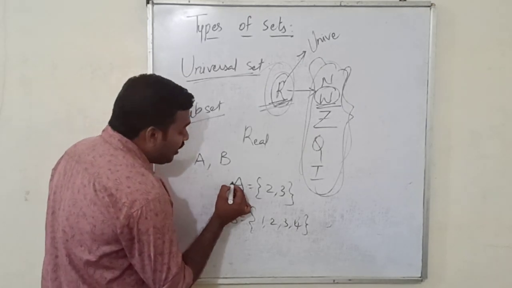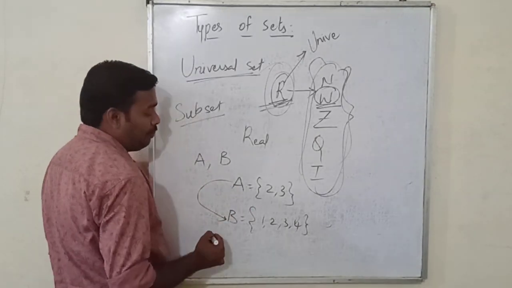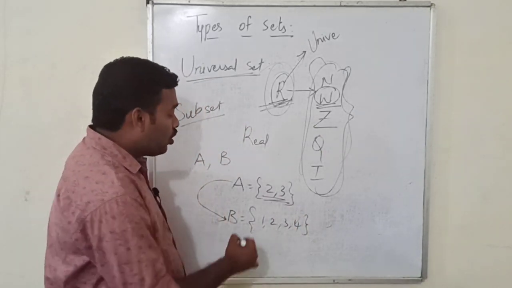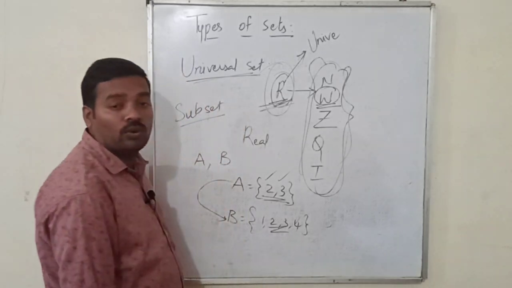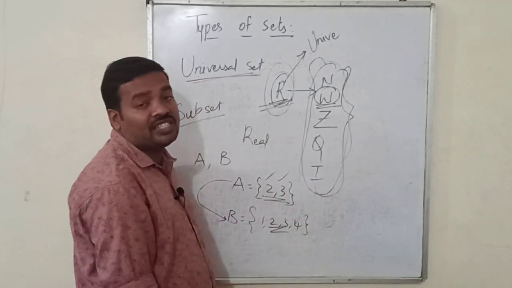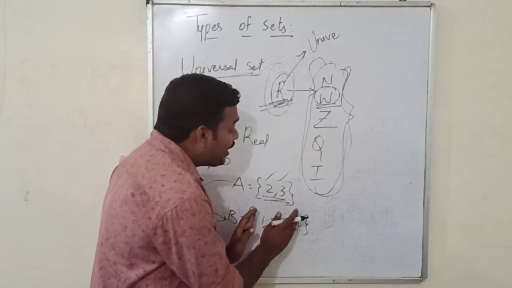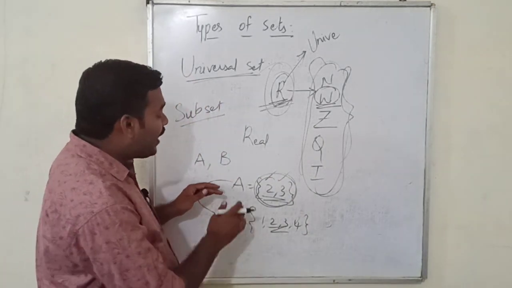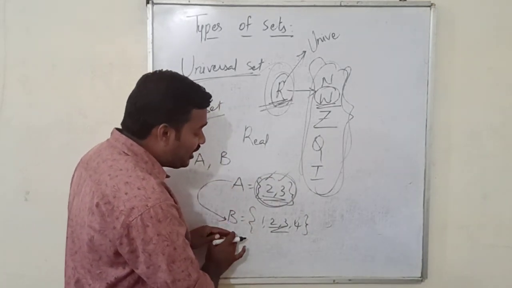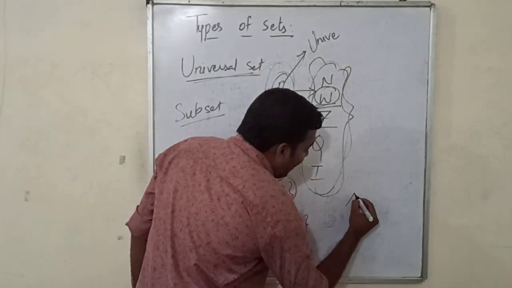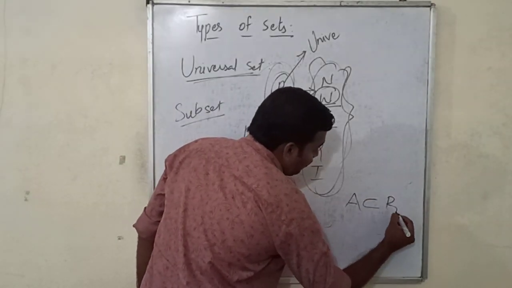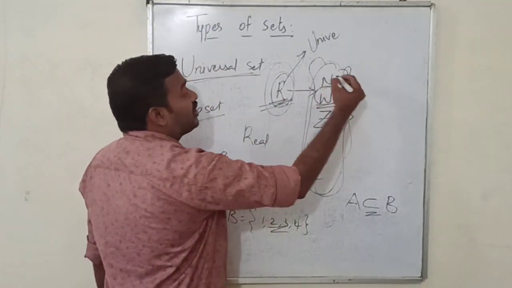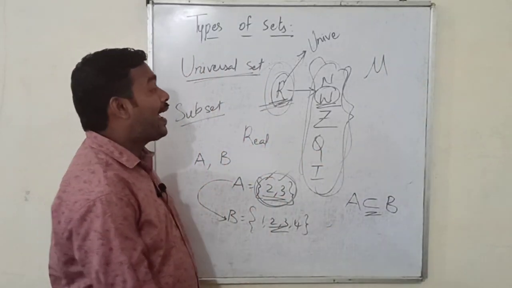If all the elements of A are present in B, because here 2 and 3 are present in B also, and apart from 2 and 3 there are other elements in B, but we are considering only the elements of A, then we can say A is a subset of B. Subset is denoted like this. Universal set is denoted by mu or capital U.